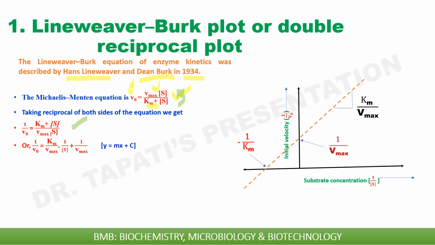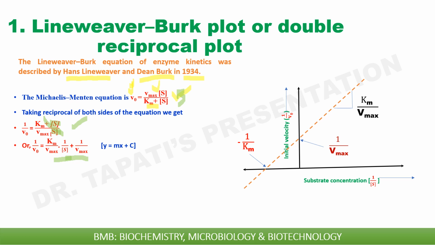Or we can write it this way: if you split the right-hand part into two different parts, you will get Km by Vmax into 1 by S plus S divided by Vmax into S. As we can cancel S and S, we will get 1 by Vmax.